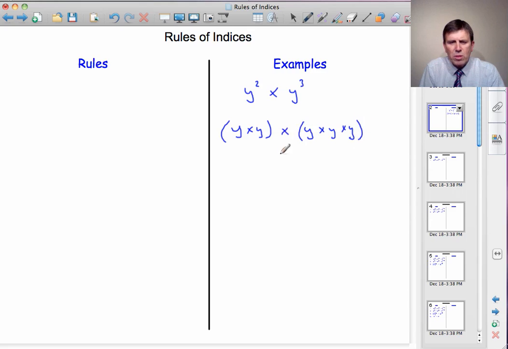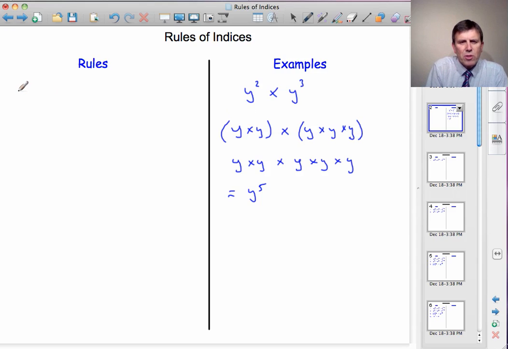So if we multiply those together, the brackets actually serve no useful purpose. We can just remove the brackets. So we've got y times y times y times y times y. But that is exactly what we mean by y to the power 5. So y squared multiplied by y cubed means y to the power 5.